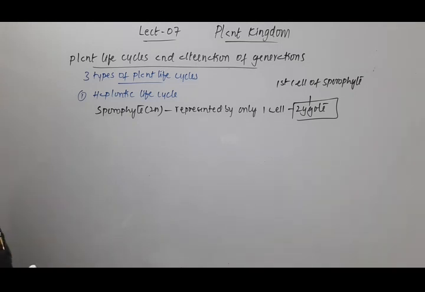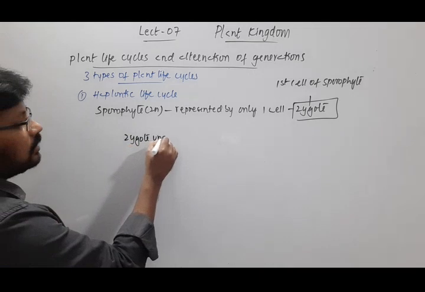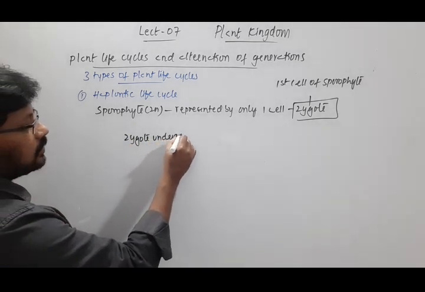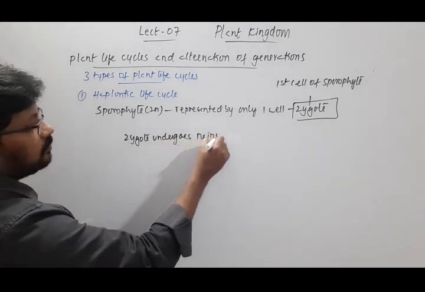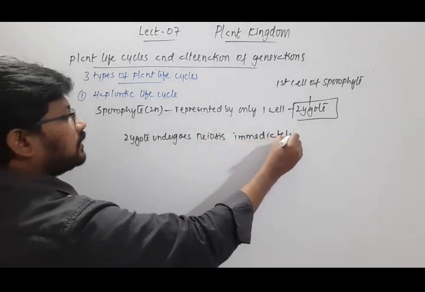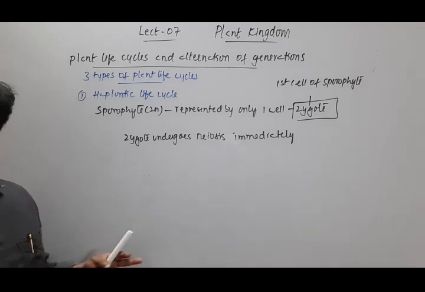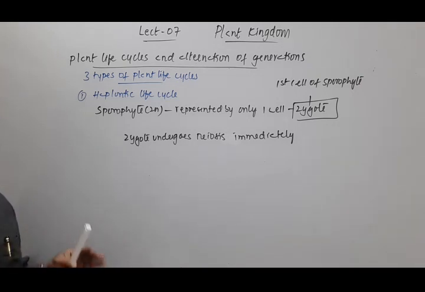So in this case, zygote undergoes meiosis immediately. So it will not undergo mitosis and then form a multicellular sporophyte. That we will not see in this life cycle. So we see that most of the time the plant will be seen in gametophytic phase only.